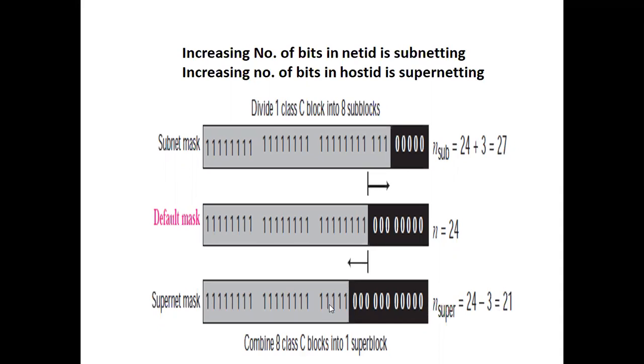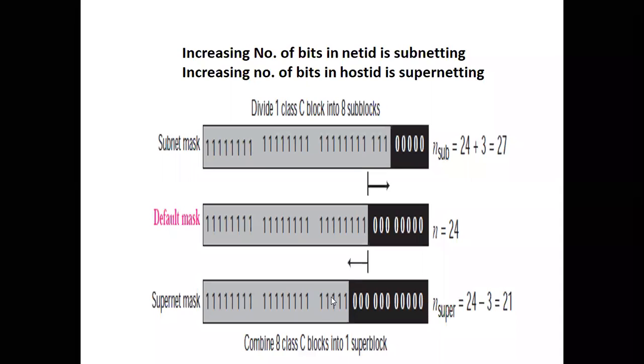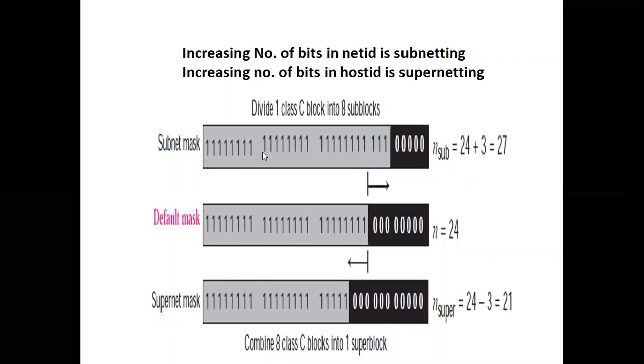This concept is called a super network, meaning you are combining small networks into one network. Here, you are dividing one big network into small networks. At that time you can observe the subnet ID will be different, so the number of bits in the subnet ID is different. You can see n sub increasing here, n sub decreasing there, and the default mask of the network is supposed to be like this. This concept is called subnetting and supernetting.